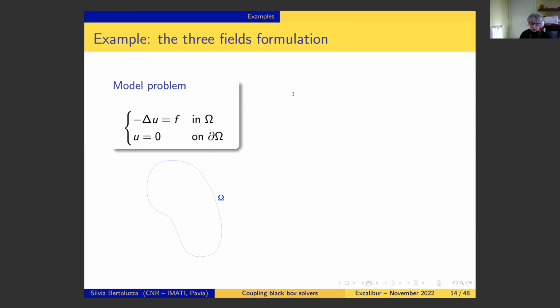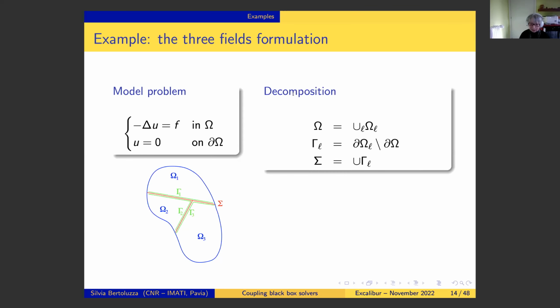And the three fields formulation was introduced by Brezzi and Marini in the 90s, and it's a quite clean way of rewriting your continuous problem as a linear system of smaller problems at the continuous level, and it relies on a non-overlapping decomposition of my domain omega into domains omega L. Gamma L are the boundaries of the domains omega L, and sigma is the skeleton.